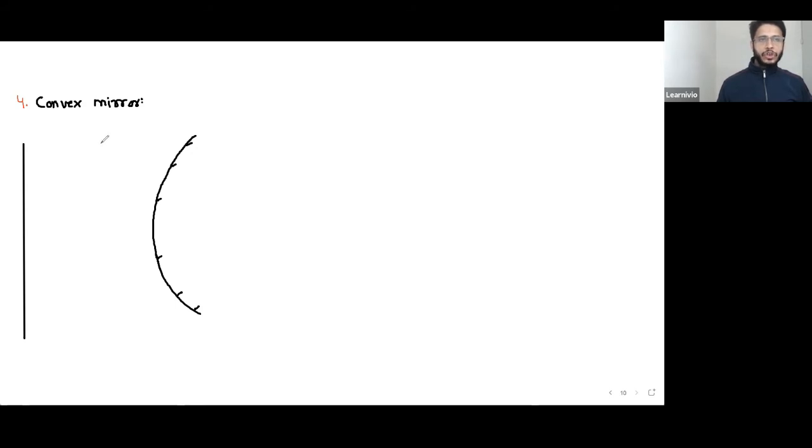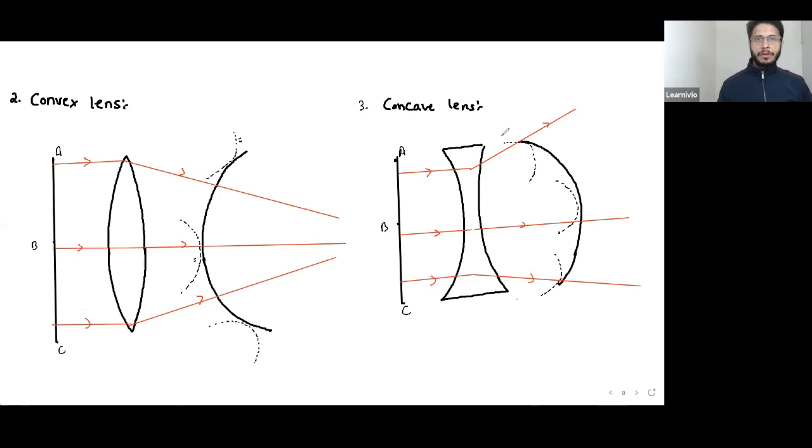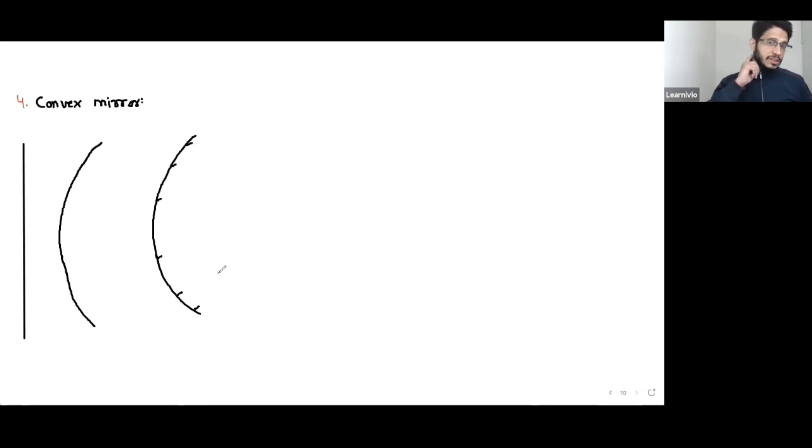This is the shape of a diverging wavefront, the way we draw it for a convex mirror or concave lens. You can draw arcs, because after reflection from the mirror, these are your wavelets.